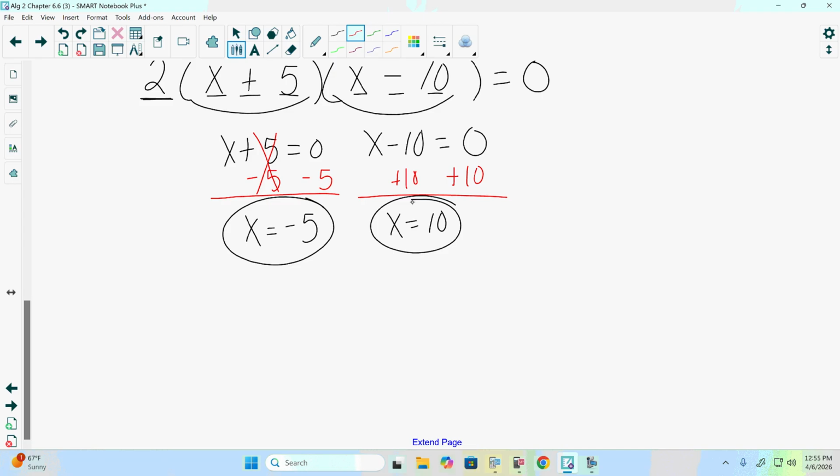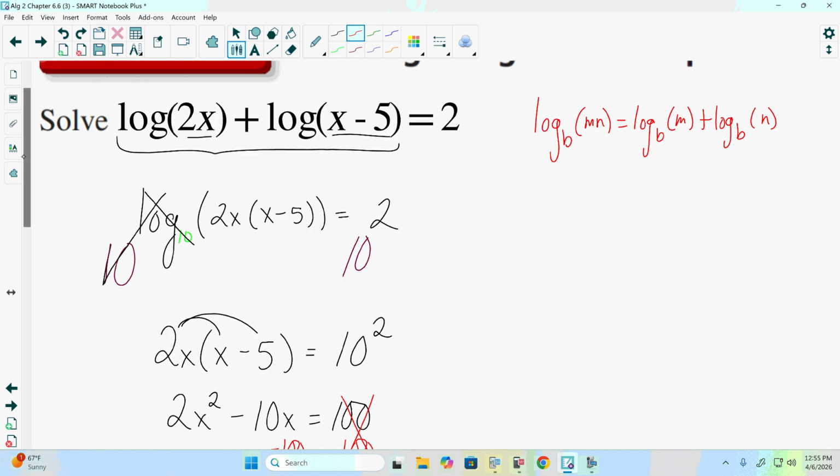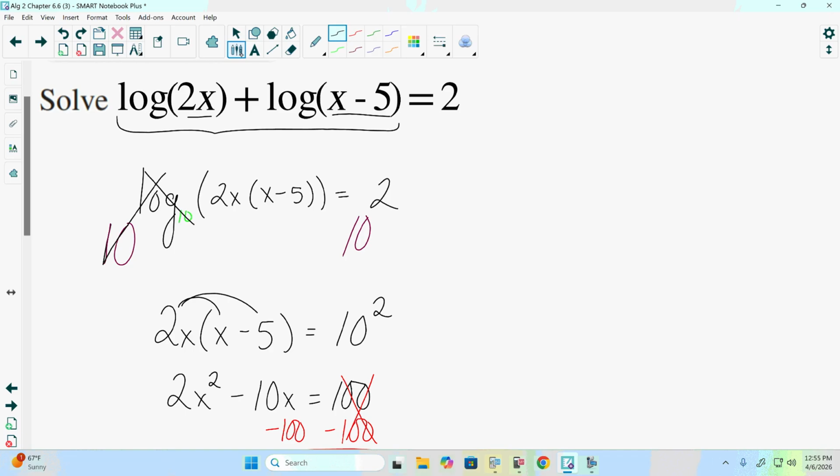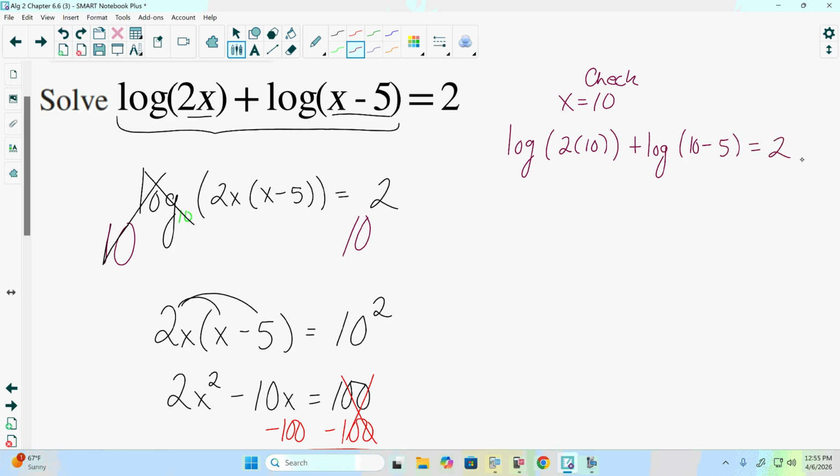Now with logarithms, we do have to be careful. So the two solutions we got were negative 5 and 10. Now we're going to want to check this. I'm going to check x equals 10 first, because we're saying log of 2 times 10 plus log of 10 minus 5 should equal 2.